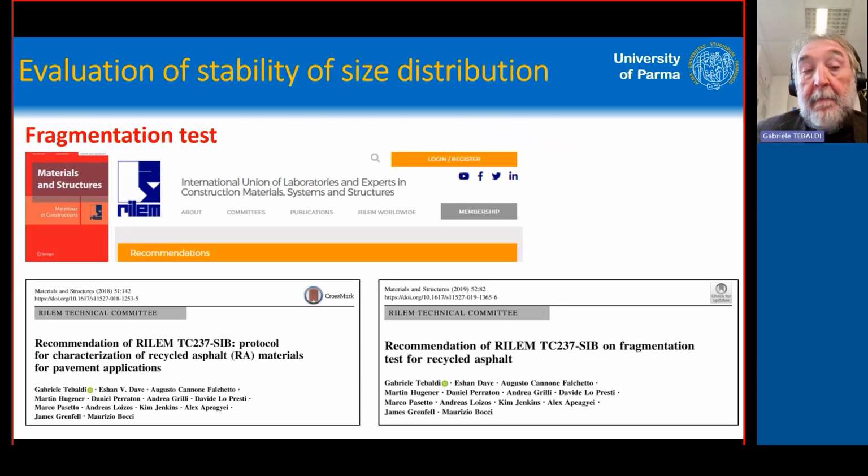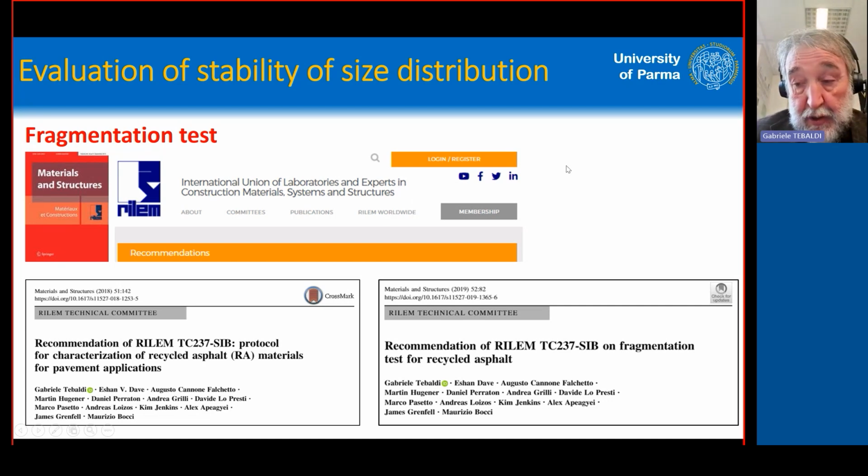A proposal to face this problem was made a few years ago by the RILEM Technical Committee TC237, led by Manfred Partl.